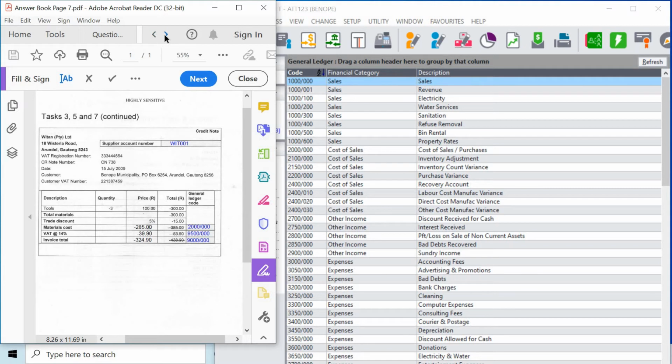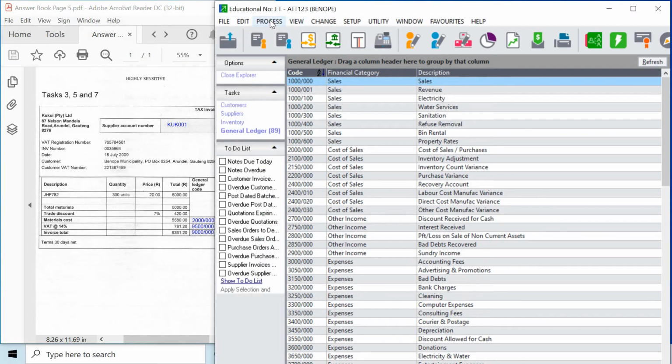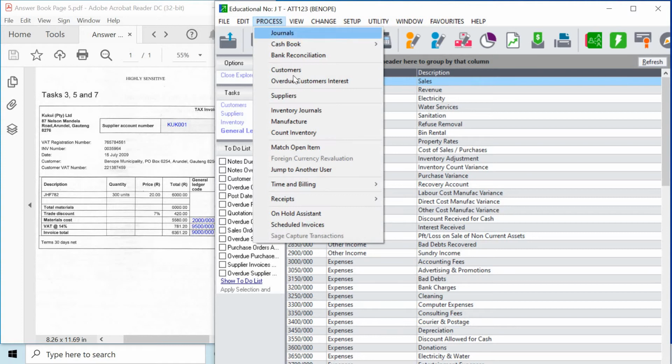Let's go back to our first invoice. And in Pastel Partner, on the drop down menus, we shall select Process and Suppliers.